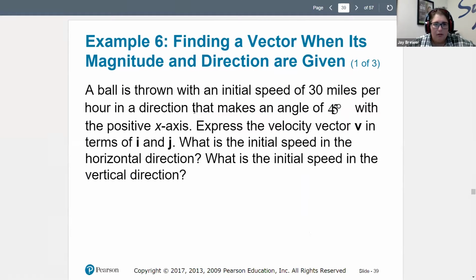Okay. A ball is thrown with an initial speed of 30 miles per hour in a direction that makes an angle of 45 degrees with the positive x-axis. Express the velocity vector v in terms of i and j. What is the initial speed in the horizontal direction and what is the initial speed in the vertical direction? Okay.